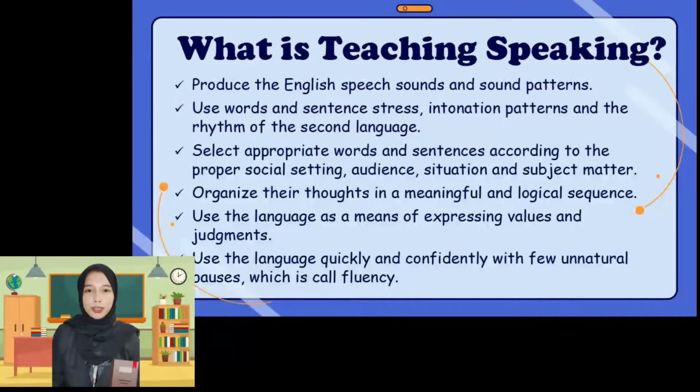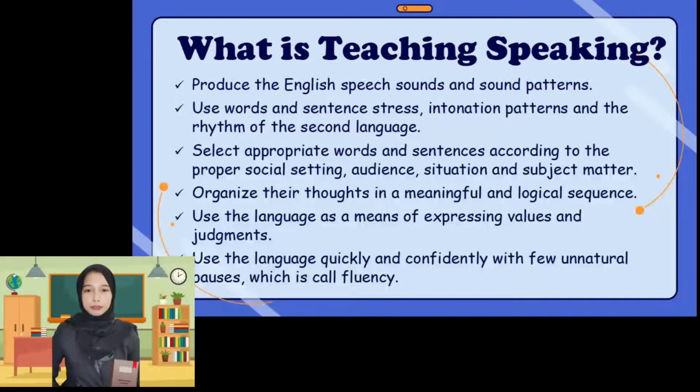So the next one is to select appropriate words and sentences according to the proper social settings, audience, situations, and subject matter. It means that when speaking, you need to choose appropriate words and sentences that suit the different situations.